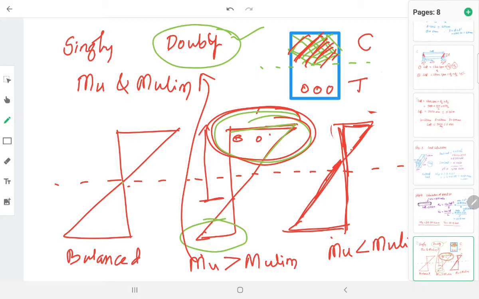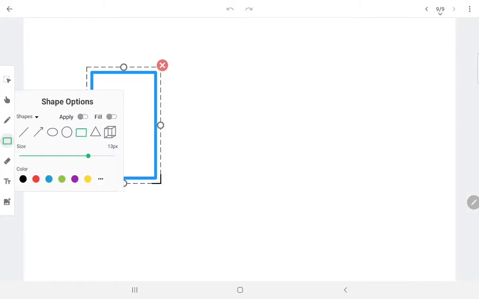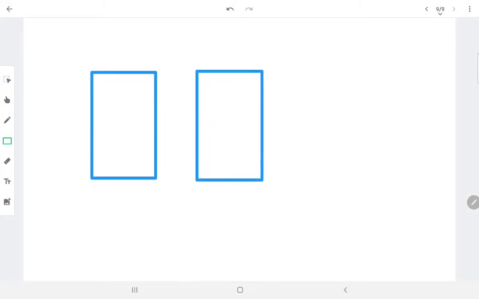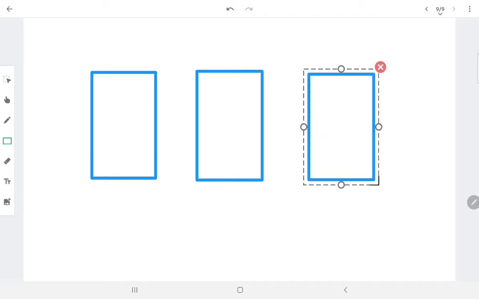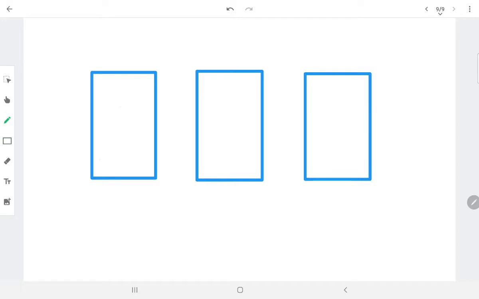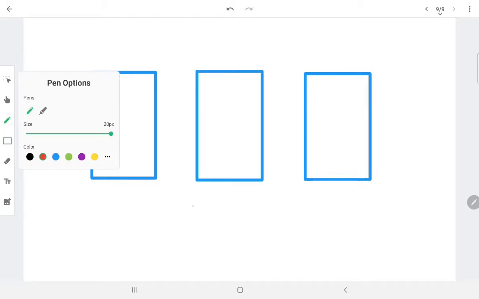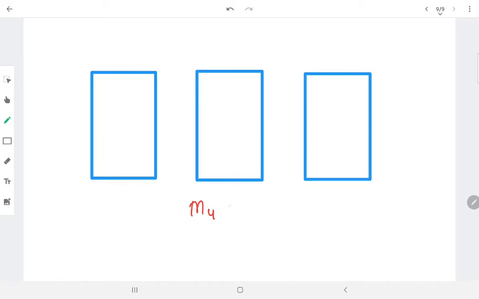I'll brief once again. Here we have three beams. Suppose this is a neutral beam; I'll not discuss on this. If Mu is less than Mu limit, I'll only be providing the main reinforcement at the bottom.